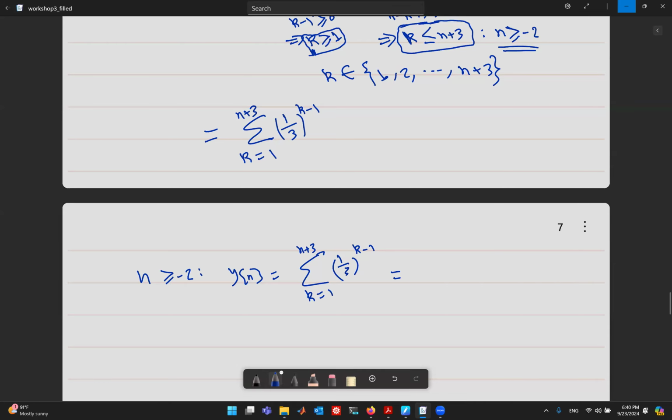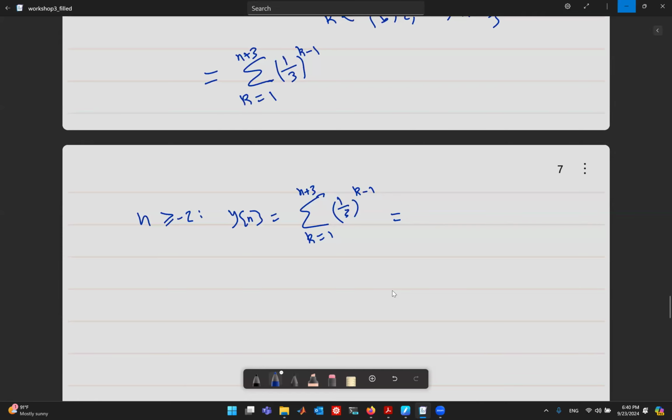I don't remember the formula, but isn't it like 1 over r minus 1 or something? I don't remember the geometric series sum formula. Yeah, the general formula is, when the summation is from n1 to n2 of r to the power k, this will be r to the power n1 plus r to the power n2 plus 1 divided by r plus 1, right?